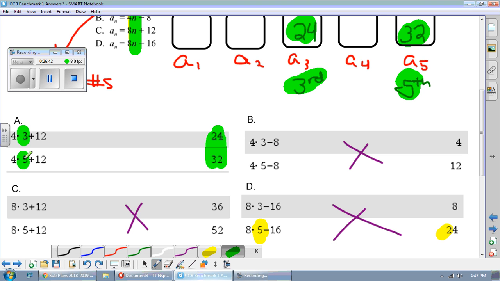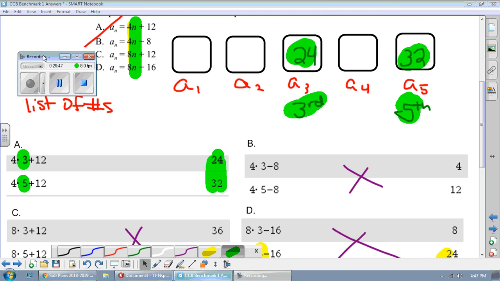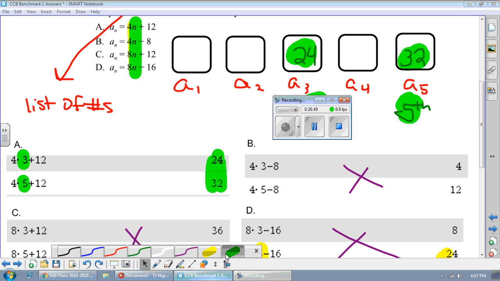When I substitute a 5, I get 32. That is choice A, 4 times n plus 12. So choice A is the correct arithmetic sequence, because if I substitute 3, I get 24, and 5, I get 32.